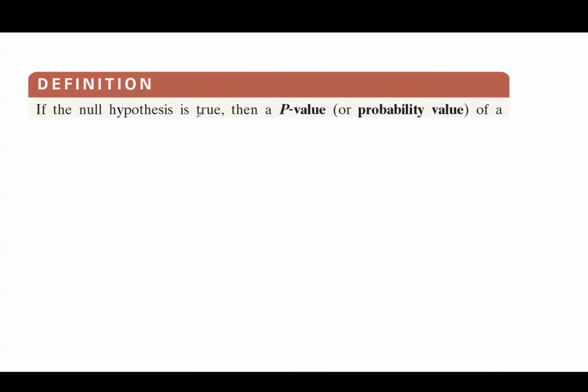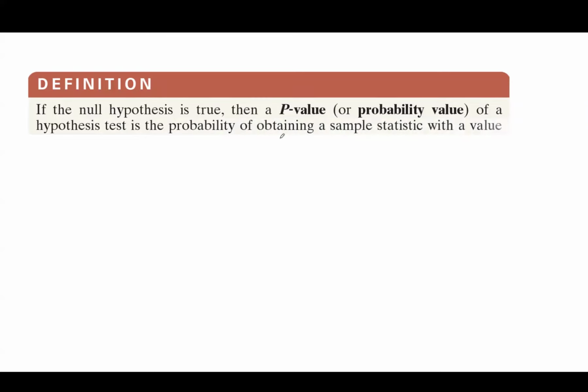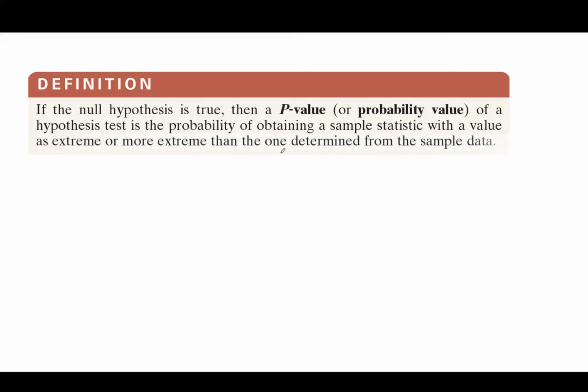If null hypothesis is true, then a p-value or probability value of a hypothesis test is the probability of obtaining a sample statistic with a value as extreme or more extreme than the one that you got from the sample data.